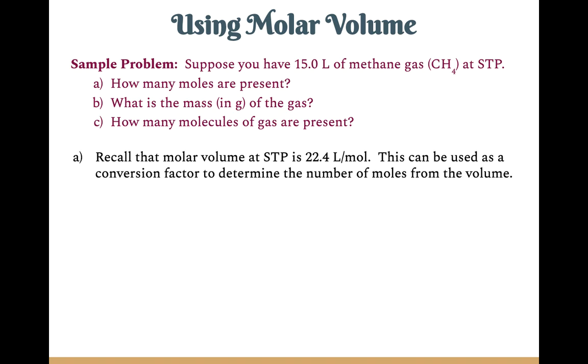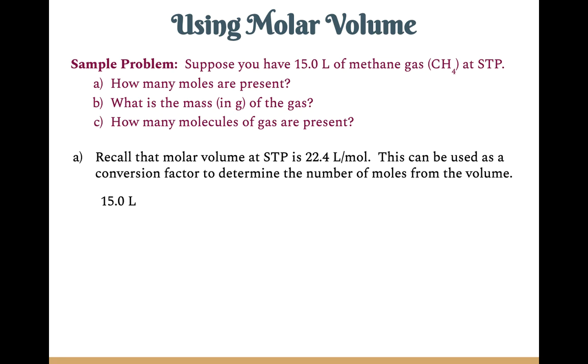So first of all, A, how many moles are present? So we just talked about how the molar volume at STP is 22.4 liters per mole. So we're going to use that as a conversion factor to convert from that volume to moles. Or you could also just use that equation, molar volume equals volume over moles, and solve for moles.